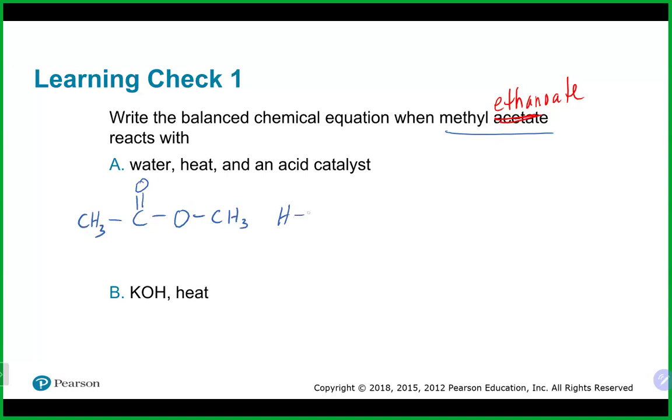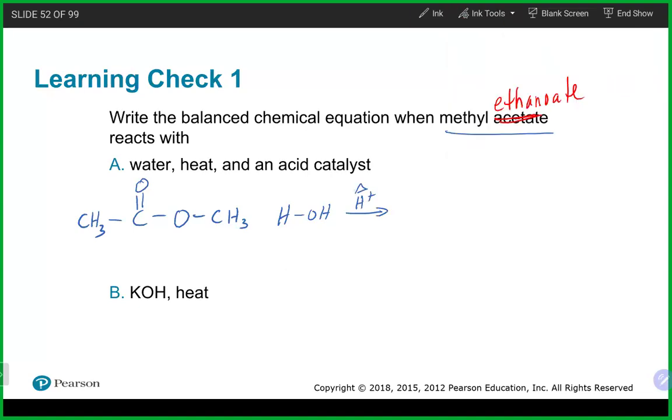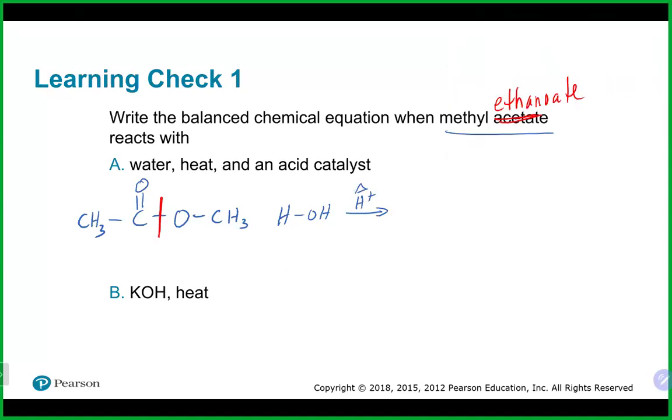So that's going to be water, which is kind of like an HOH situation here, a little H plus and some heat happening. Once again, this is the one where we're going to break it apart, and we're going to basically get back everybody because we got all the parts, if you want to think about it that way. So we're just going to simply break it apart where I did the line, which is exactly where they come together.